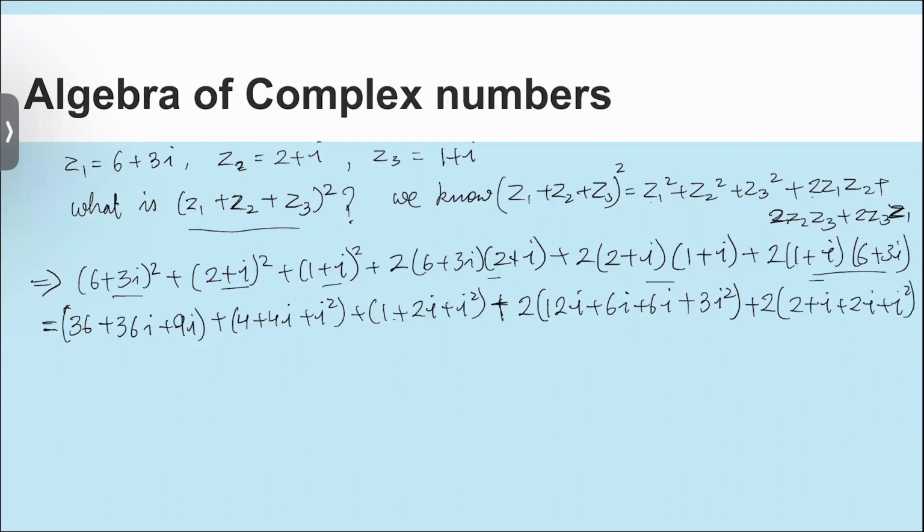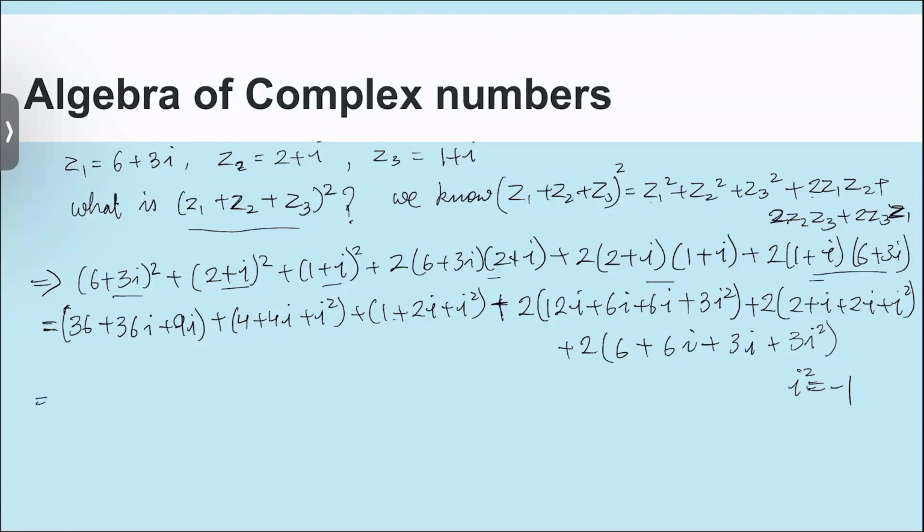And then for the last term, you have plus 2, 6 plus 6i plus 3i plus 3i squared. Okay, so now we substitute i squared equals minus 1 for all the terms that we have in the brackets.